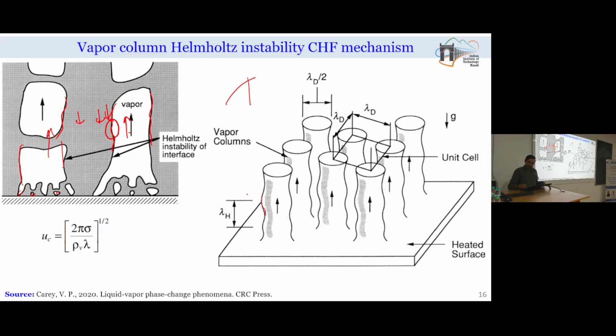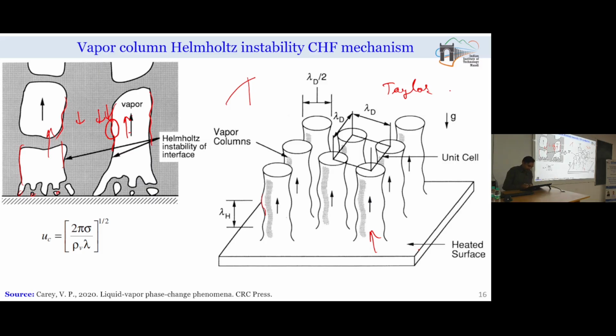So, you can observe that if you have a planar heater surface, on a planar heater surface, the wavelength at which columns will be appearing is decided by the Taylor instability. Because the bubble is rising because of the buoyancy, that is decided by the Taylor instability.